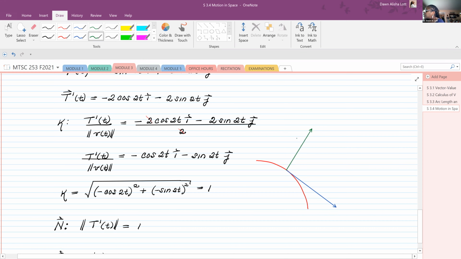So this is N, and this is T. They're perpendicular to each other. So when you find a unit normal, it's perpendicular to the tangent.